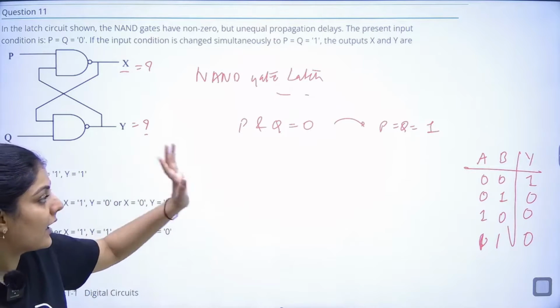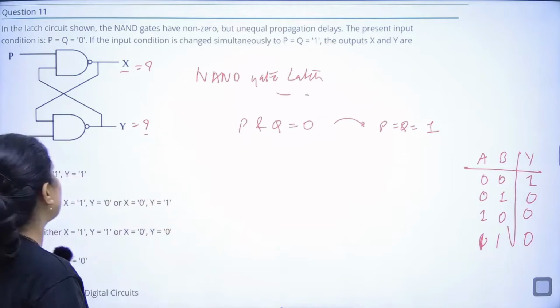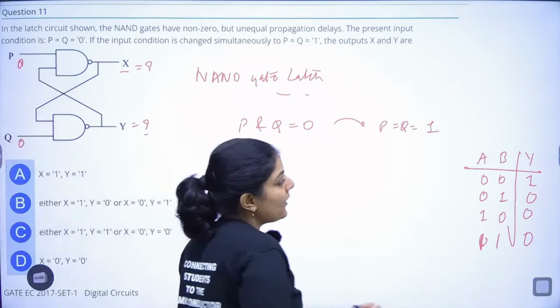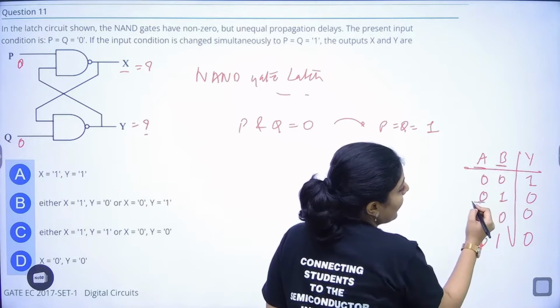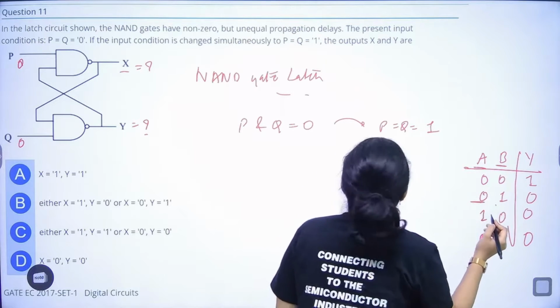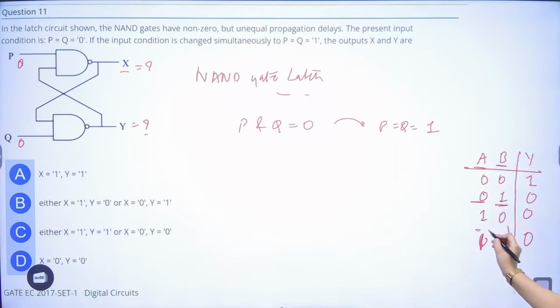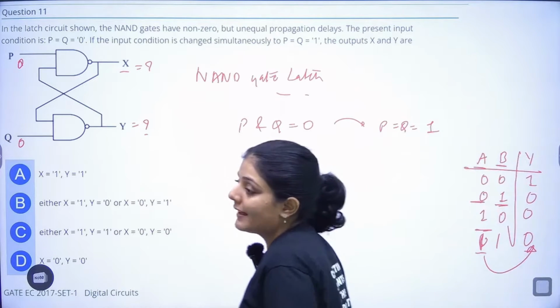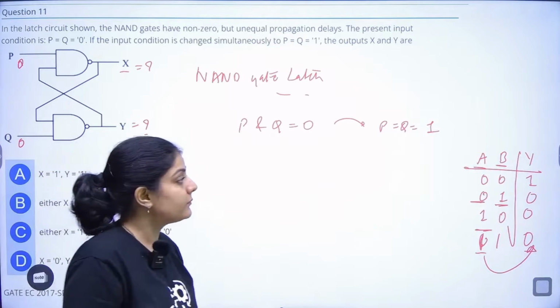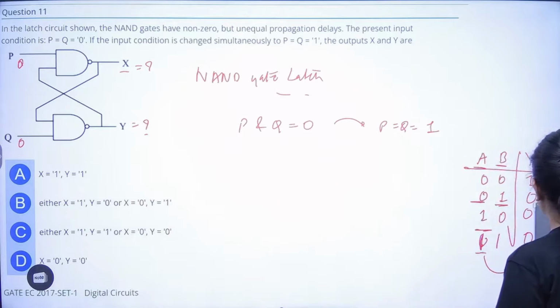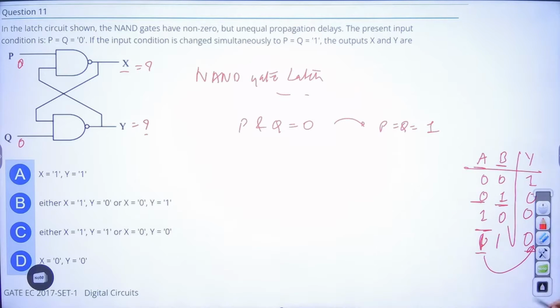Now you can see that if the inputs P and Q are 0 and 0, the output is 1. But wait, this is not the truth table for NAND, this is the truth table for NOR. Okay, let me draw it again.